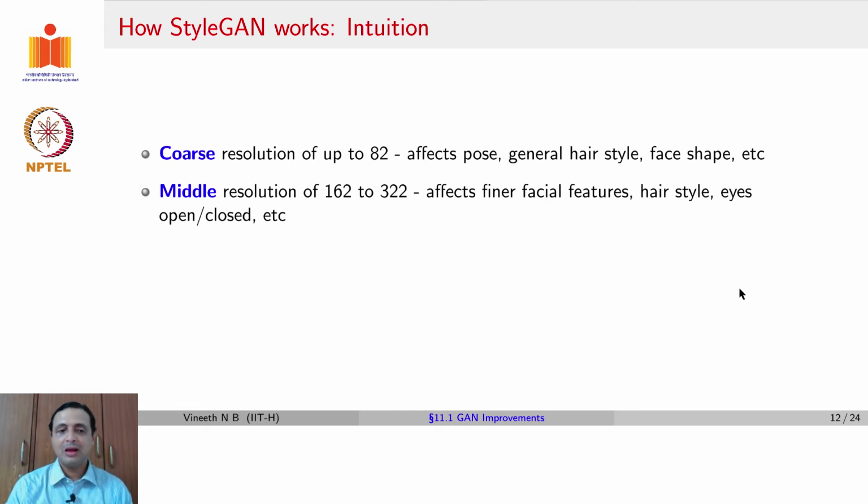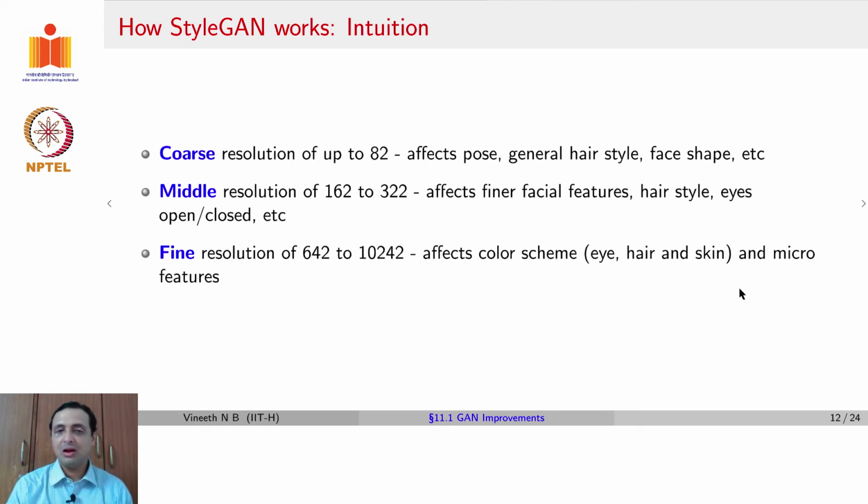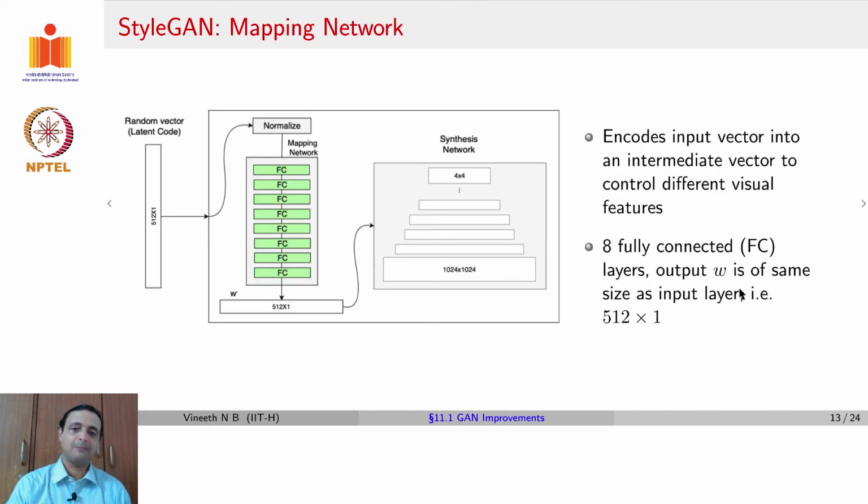And at the highest resolution, a fine resolution anywhere between 64 squared and 1024 squared, affects the color scheme for eye, hair and skin, as well as introduces micro features on the face. StyleGAN tries to address and introduce some style specific components at each of these resolutions to attain its desired effect.